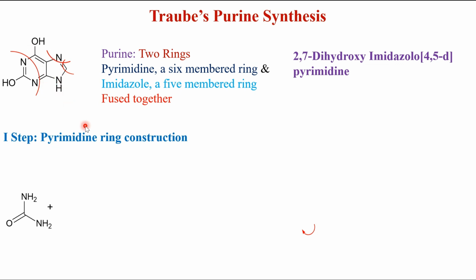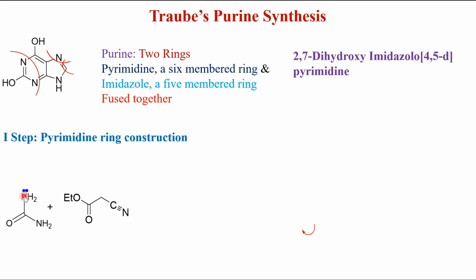This part I have to add: CN nitrile, CH2 here, and C double bond O with an easy leaving group, ethyl cyanoacetate. I take urea and treat with ethyl cyanoacetate.